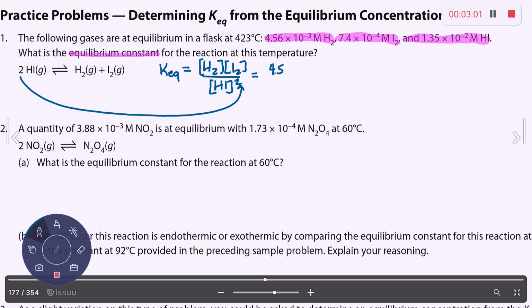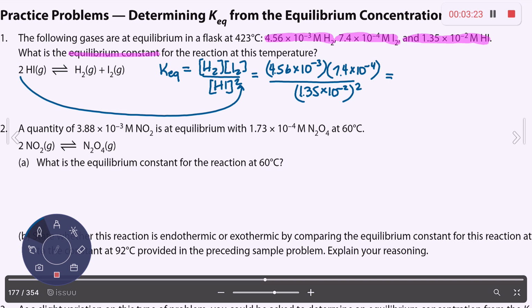So this is 4.56 times 10 to the negative 3, and then 7.4 times 10 to the negative 4, divided by 1.35 times 10 to the negative 2, and then you square it. Okay.